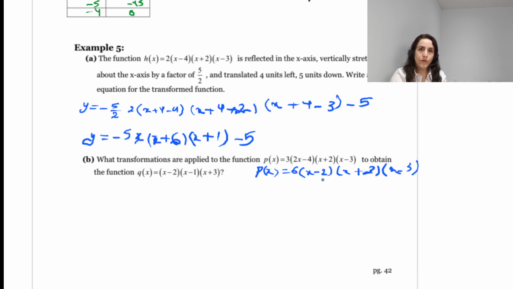Find out the values that are giving you the x's. I have 2, negative 3, and 3 for this one. x is equal to 2, negative 3, this one is not negative 3, it is just negative 2.